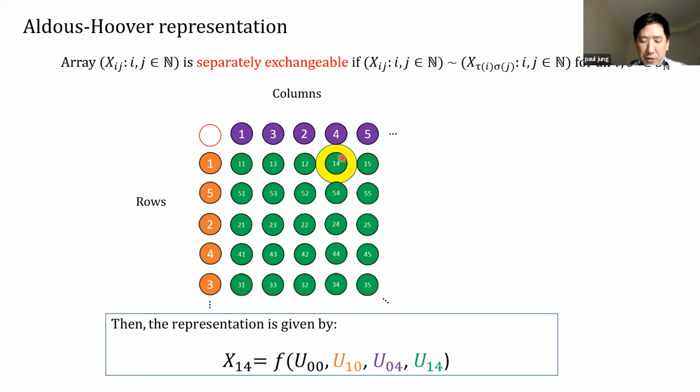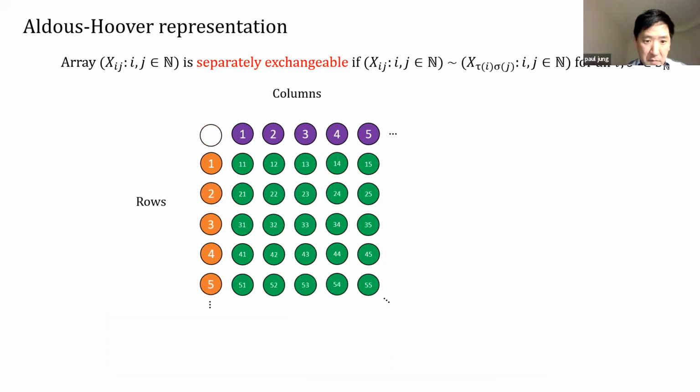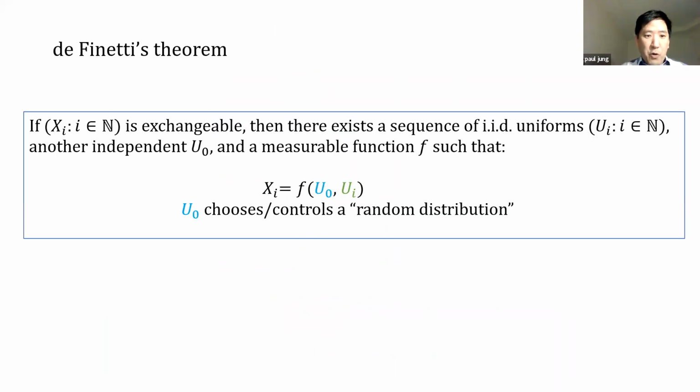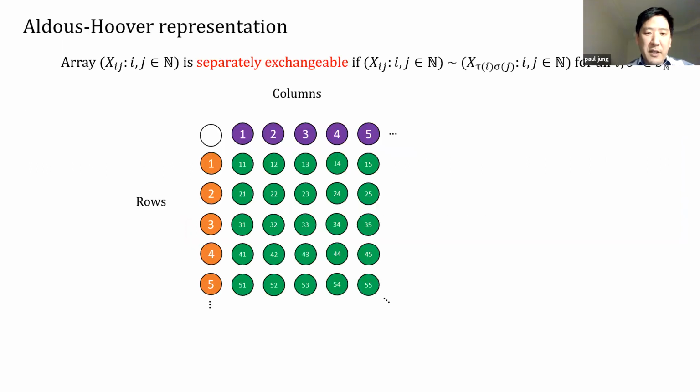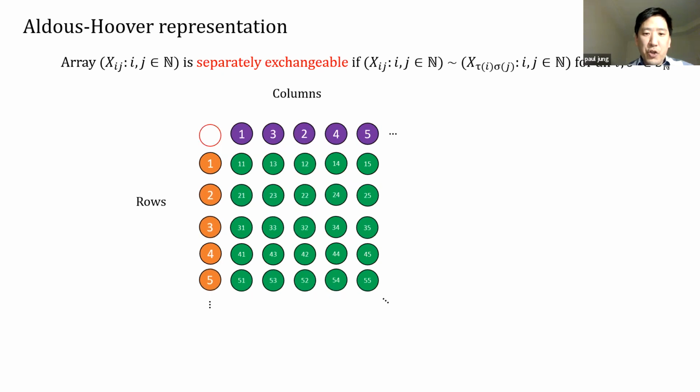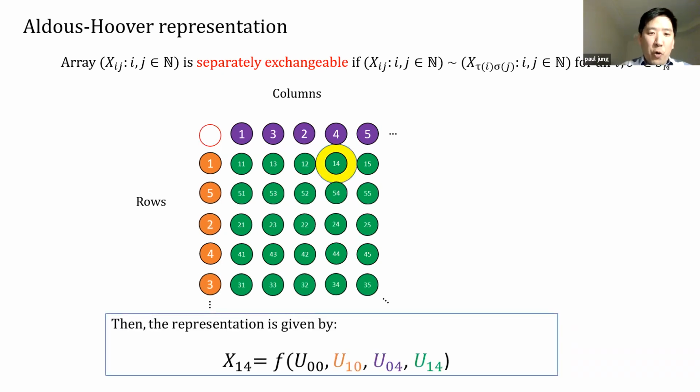In the way I wrote here that U0 chooses or controls a random distribution, I'll just say for the rest of the talk that U0 controls that sequence, and analogously, U04 controls this row, U10 controls this row, and U00 controls essentially the randomness of these.